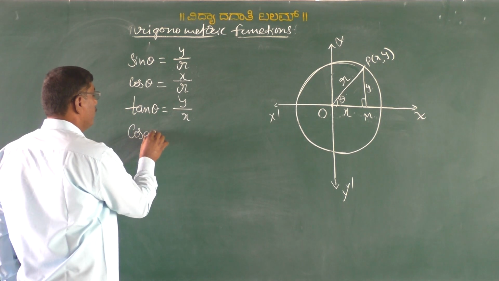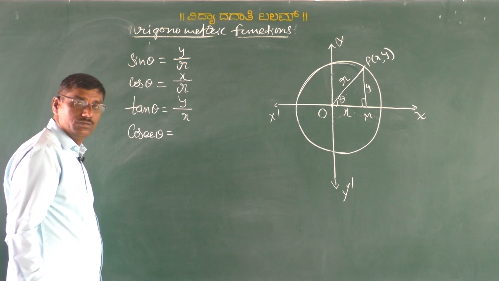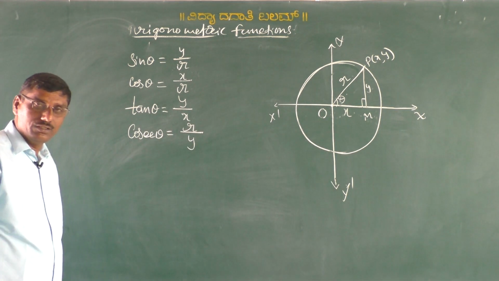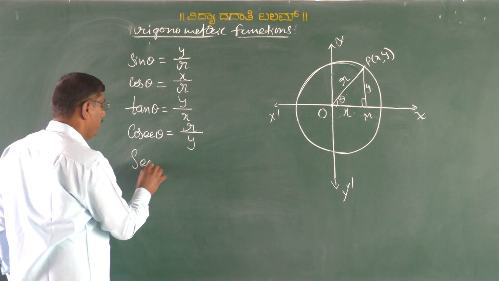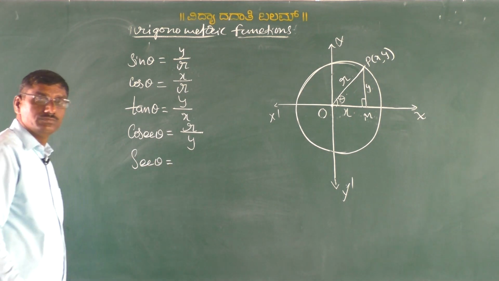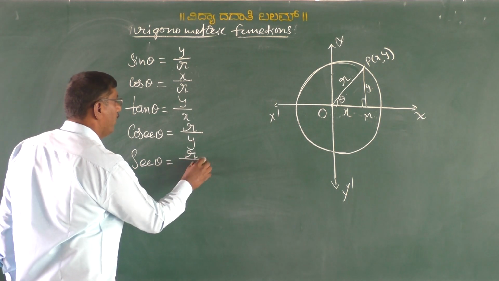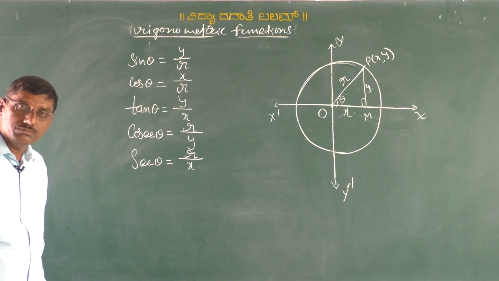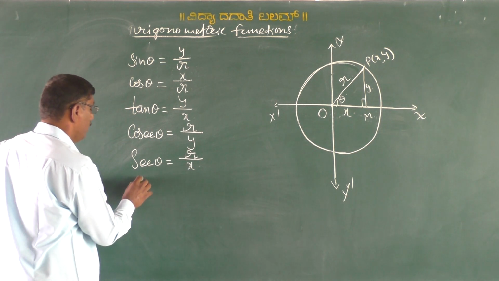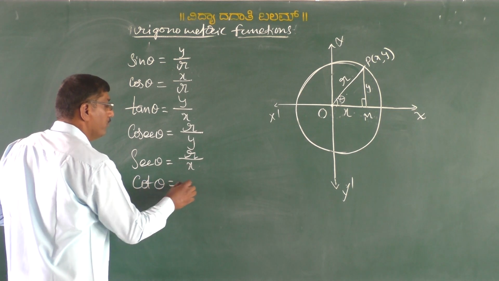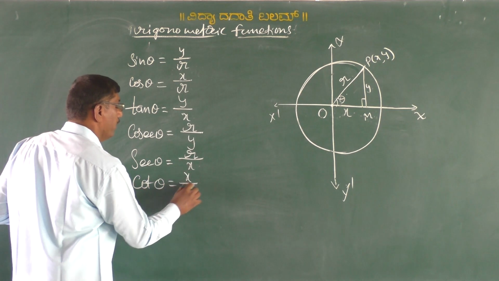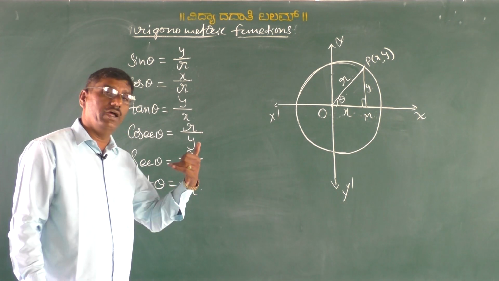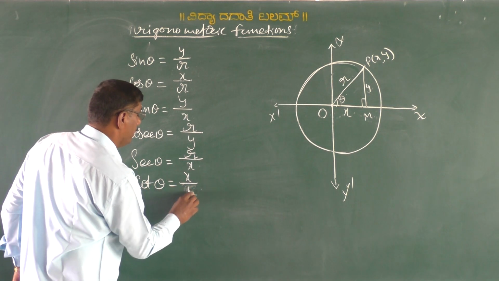Cosecant theta is equal to hypotenuse side divided by opposite, r by y. Secant theta is equal to hypotenuse side divided by adjacent side, that is r by x. Yes, my dear students. Last one, cot theta is equal to adjacent side divided by opposite side, that is x by y.